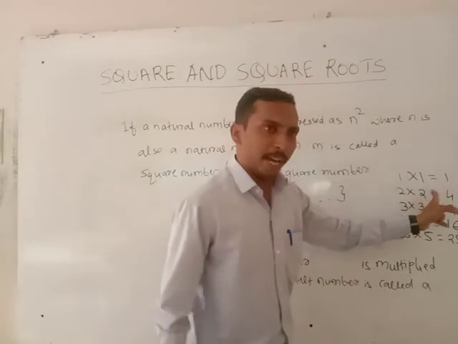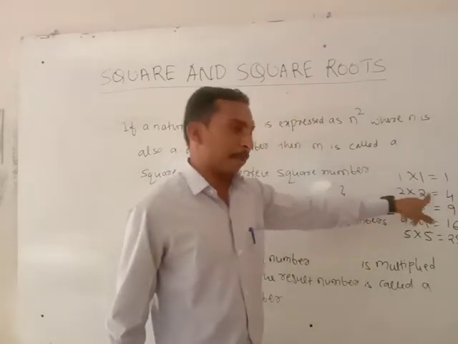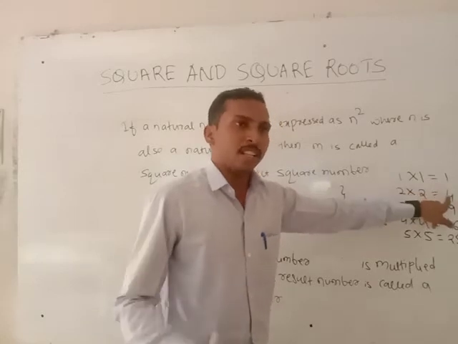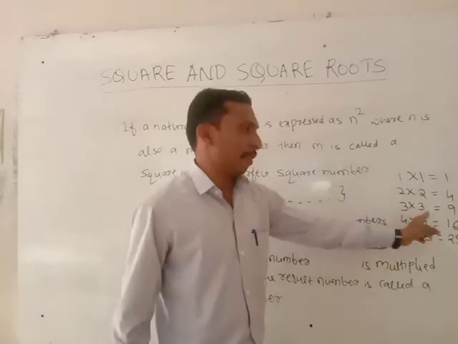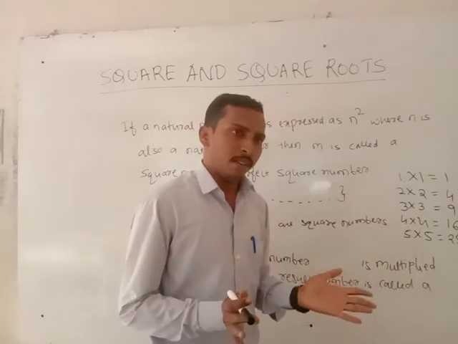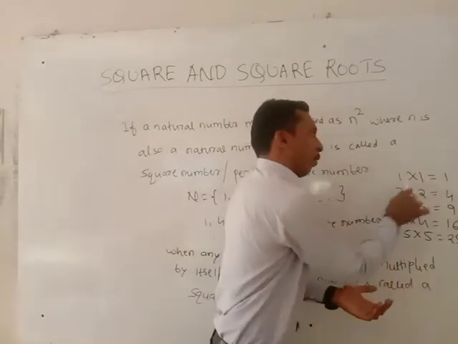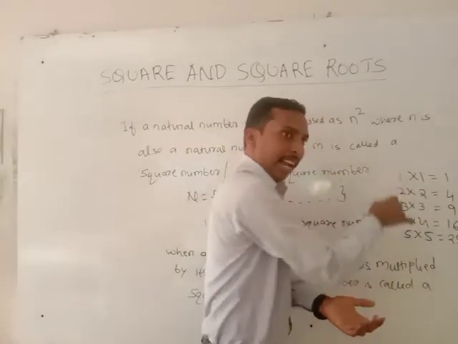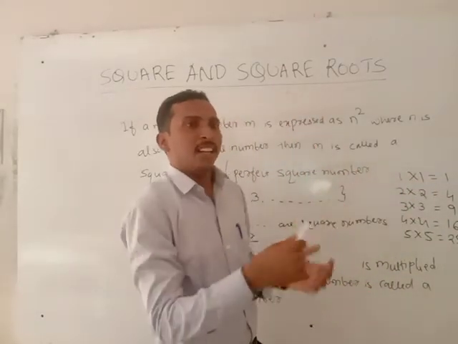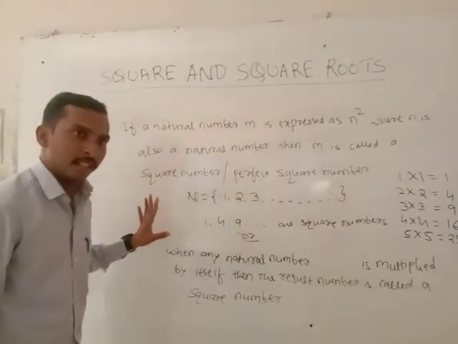When 1 is multiplied by 1, 2 by 2, or 3 by 3, the result is a square number. Understood? That is the same. If any number is expressed as n square, n into n, then that number is the square of that number. Understood, students? What are square numbers?